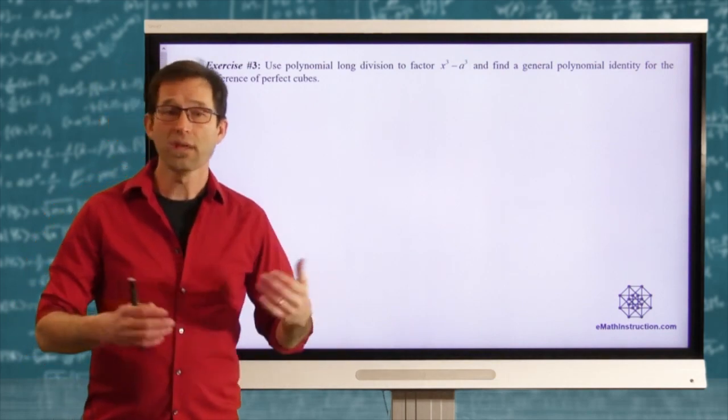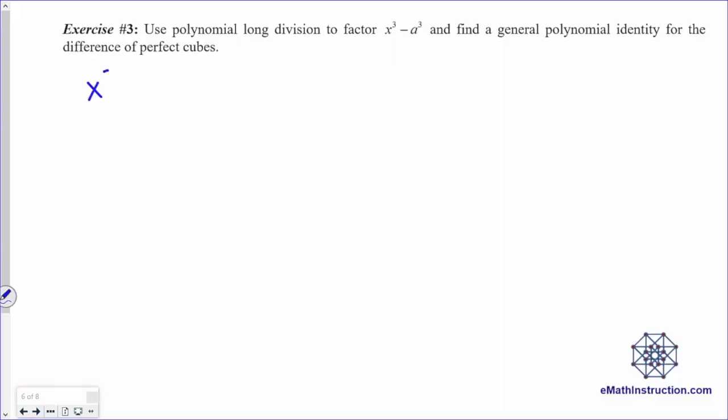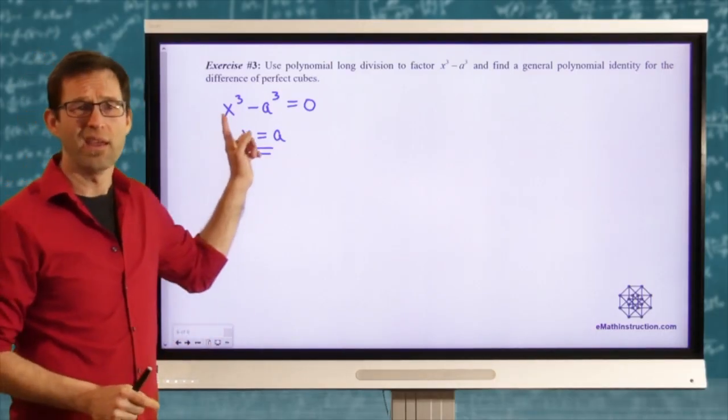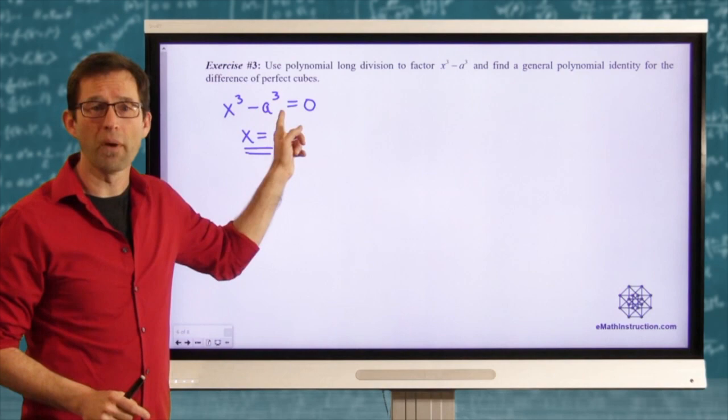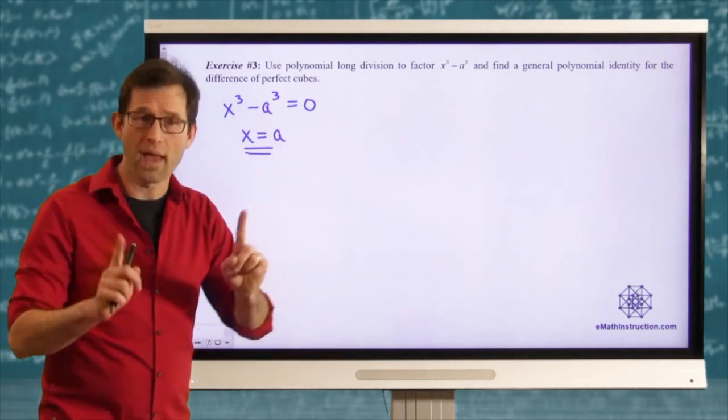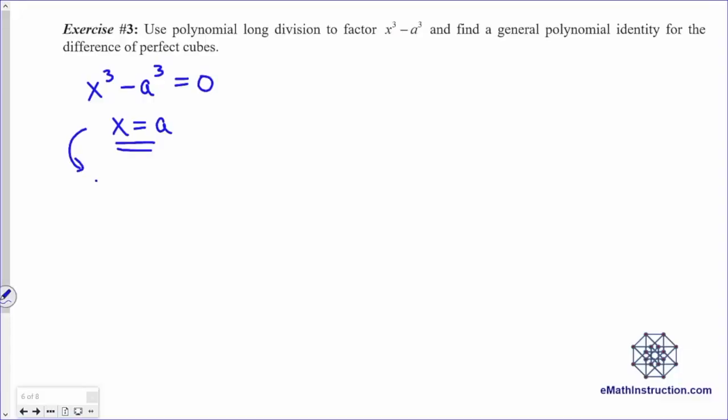All right, now the key is, for x cubed minus a cubed to be equal to 0, x would have to be equal to a, right? Just think about it. If I put a up there, a cubed minus a cubed is most certainly 0. And of course, what that then tells me is that x minus a must be a factor.